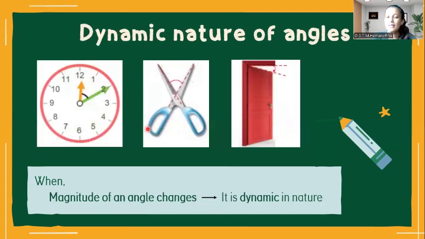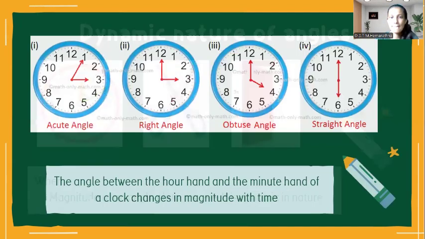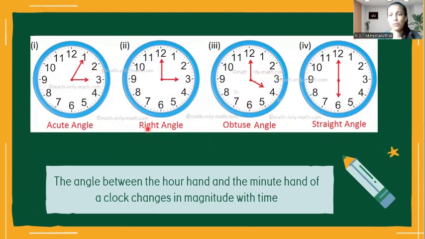And when the magnitude of the angles changes, we call those angles angles with a dynamic nature. I hope you have gained a clear knowledge about the static and dynamic nature of angles. This is an example to get a clearer idea.